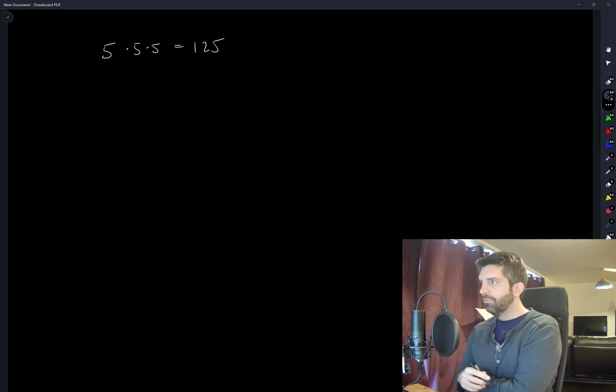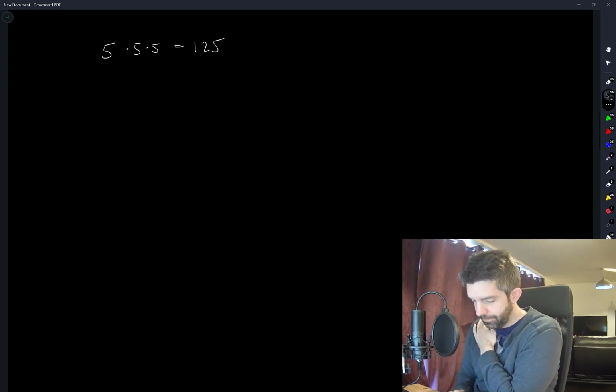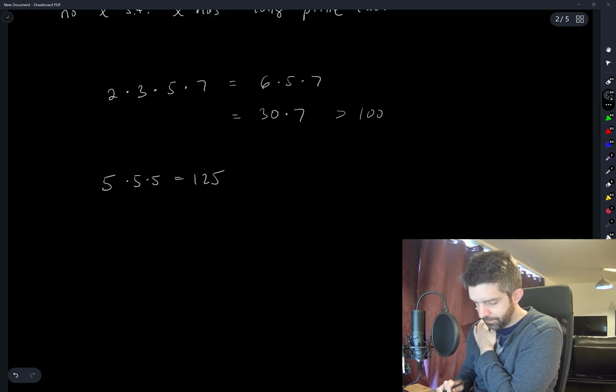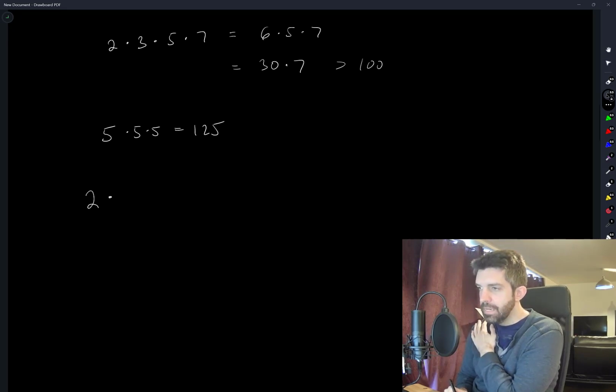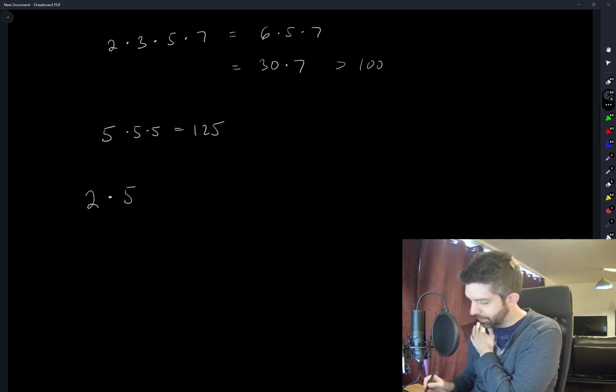So let's think about potential 4-digit numbers. If it starts with a 2, then the next digit has to be 5 or greater. Because if I put a 2, 3, or 4 here, then I would instantly just combine it with that 2. So 2 times 5.